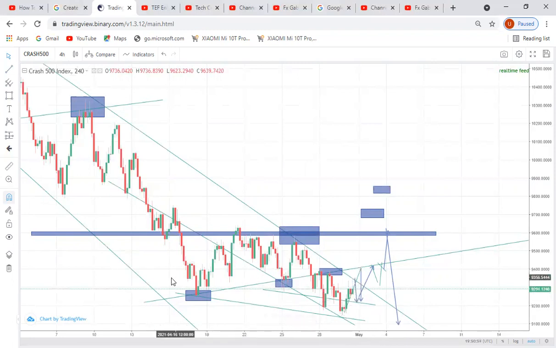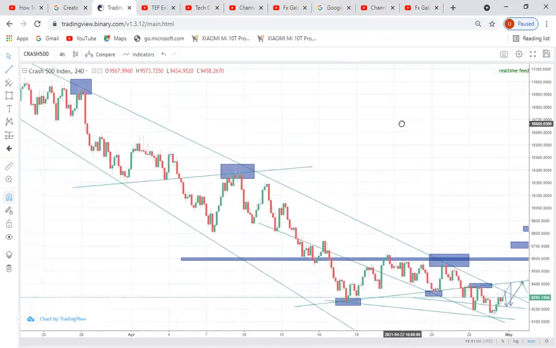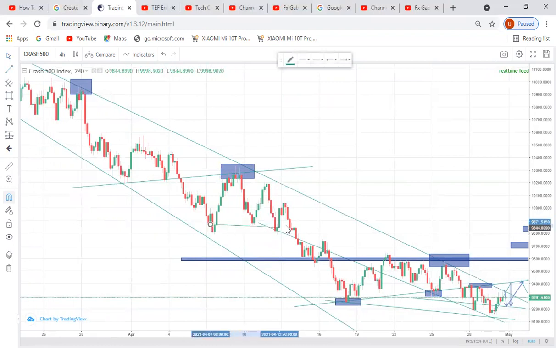So if you follow this formula I'm teaching you, you will always follow the market gradually rather than just following an indicator. The same thing applies here. 1, 2 supports possibly.